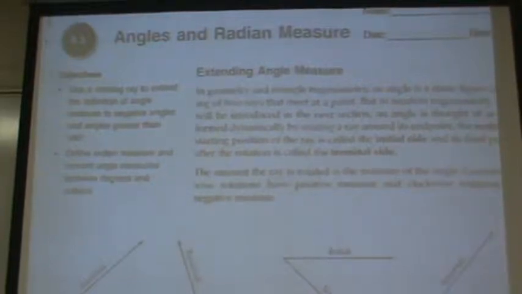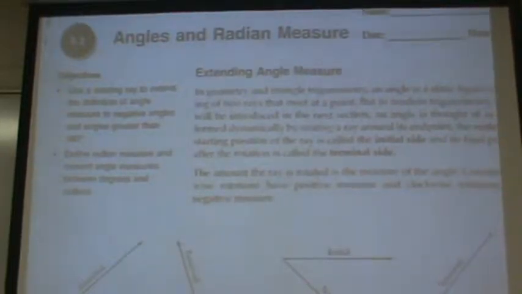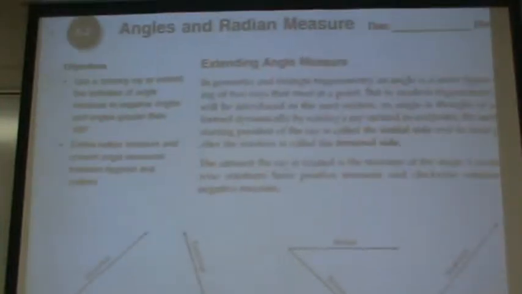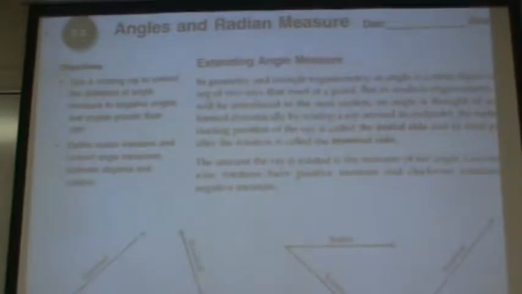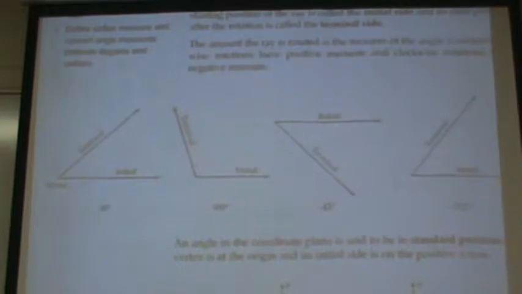Okay, so today we're talking about angles and radian measure. Before, when we talked about an angle, we were usually talking about part of a triangle. Now we're going to talk about angles with a vertex, which is a point where two rays meet.